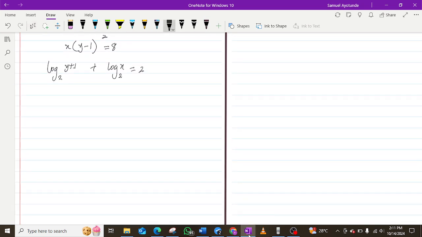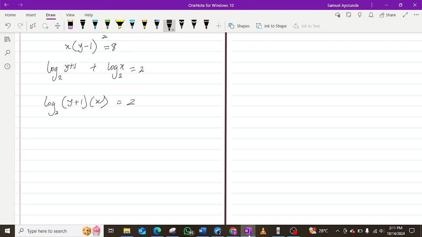According to the first law, we write one of the bases and multiply the arguments, so it equals 2. So I've applied the first law to this.